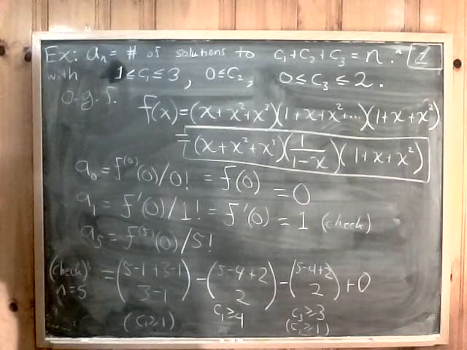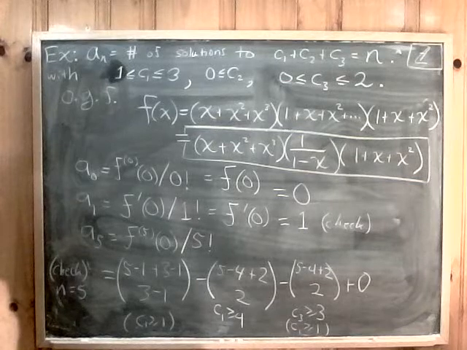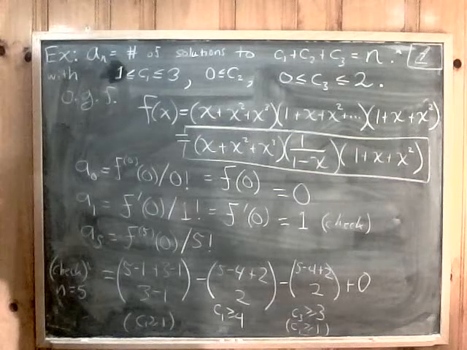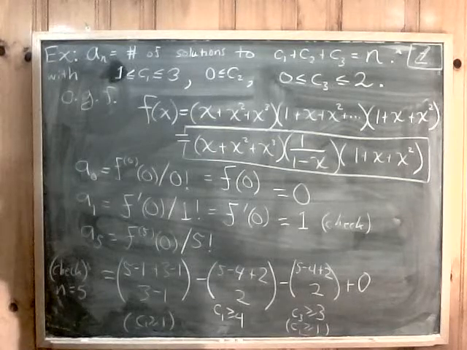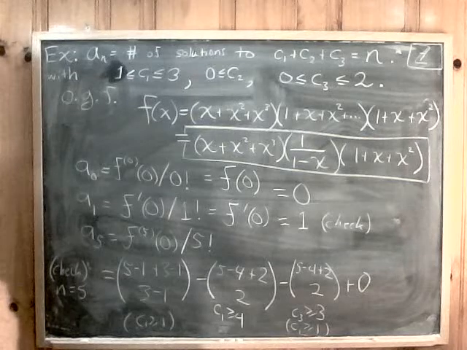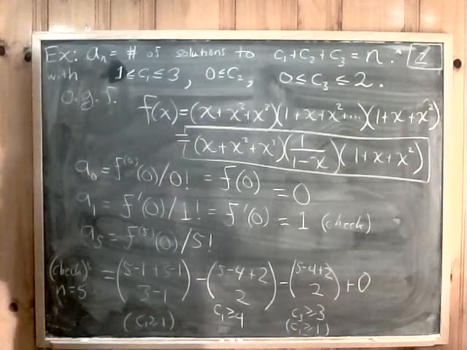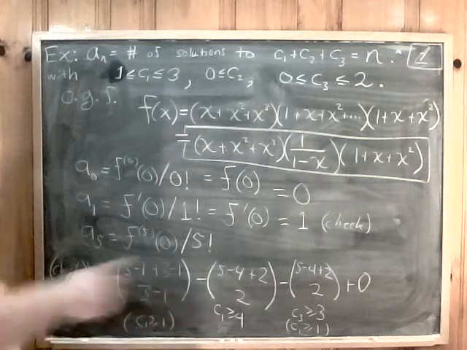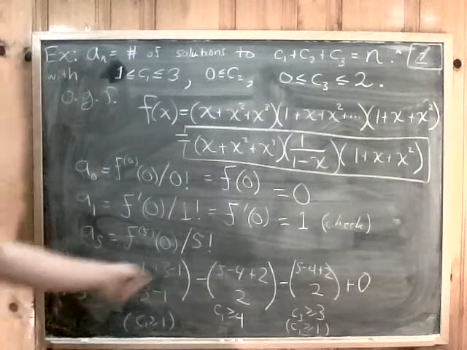This is 5 plus 3 minus 2. So I get 6 choose 2 there. So what I believe is 4 plus 3, 7, 6 choose 2. 6 choose 2 should be easy enough to figure out. 6 times 5 divided by 2. So you get 15.